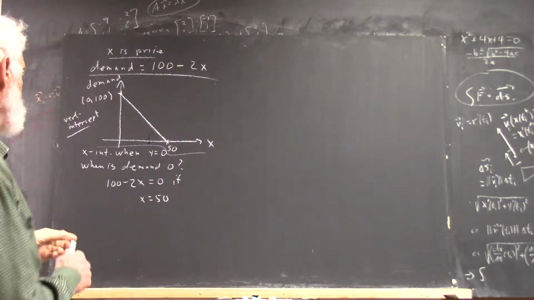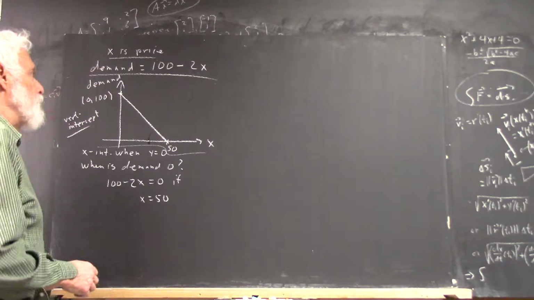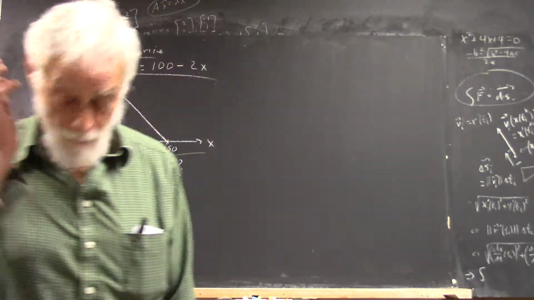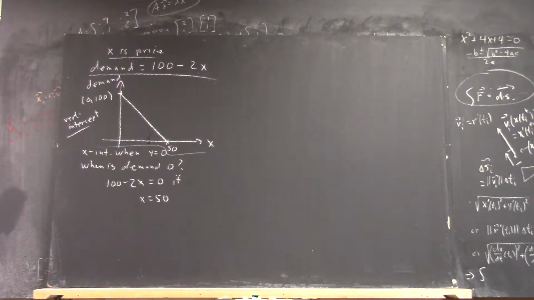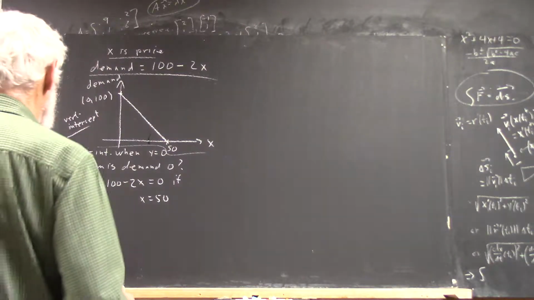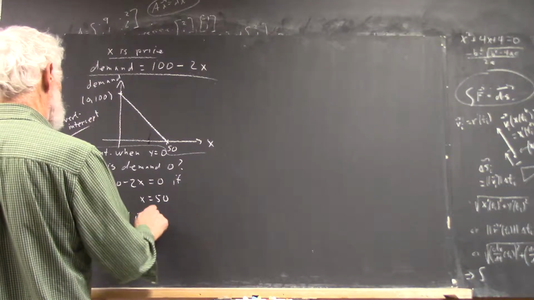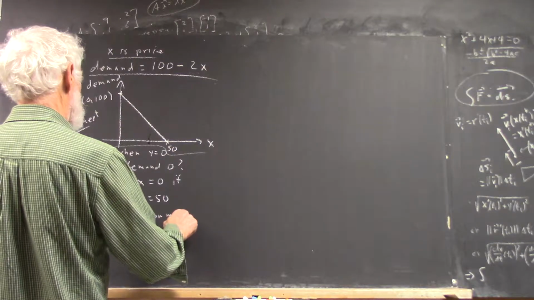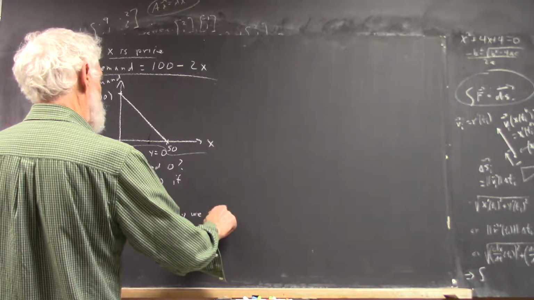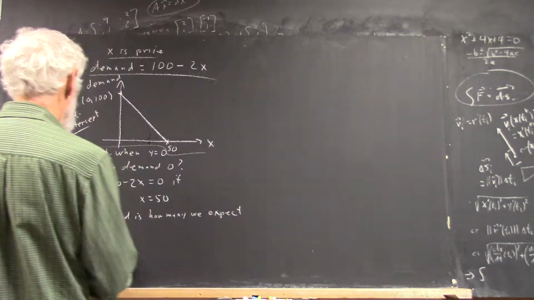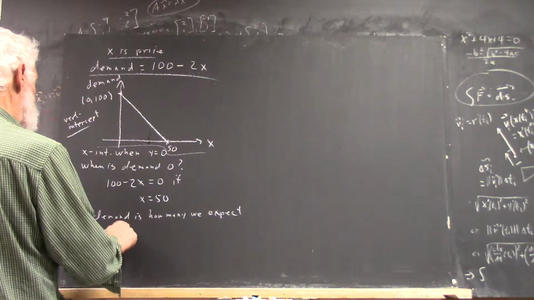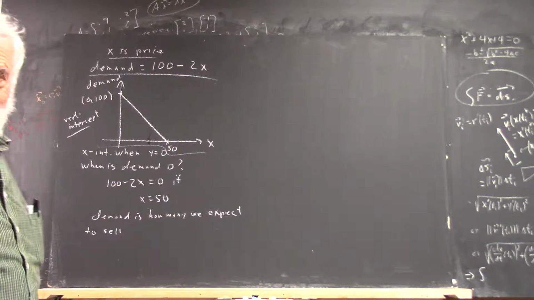So we've got this. Now, if your demand is 100 minus 2x, then your demand is how many you sell. So how much money are you going to make if you sell x of these? Now, it might not be how much we actually sell, but it's what we expect to sell.